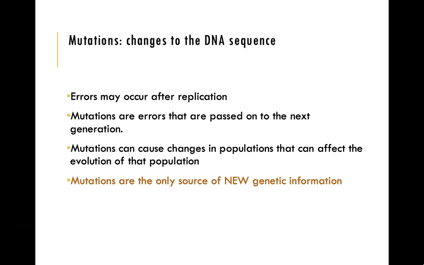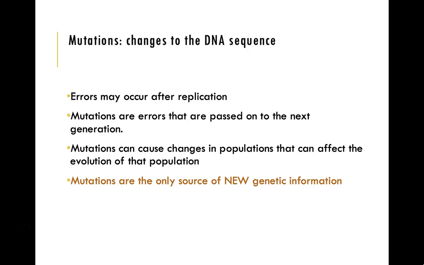So errors occur in DNA replication, and that is actually an important source of new genetic information. But errors can actually occur after replication as well. So these errors are often the ones that we see that produce cancers and things like that.